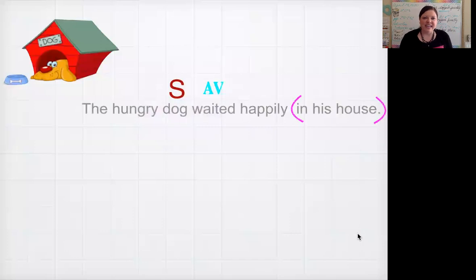It waited. Oh, doesn't he look like a good boy, just waiting so patiently and happily at that? Now, happily, did you notice that it ended with an ly? Happily is telling us more information about how he is waiting. He could have been waiting angrily or impatiently, but this dog is a good boy and he's waiting happily.